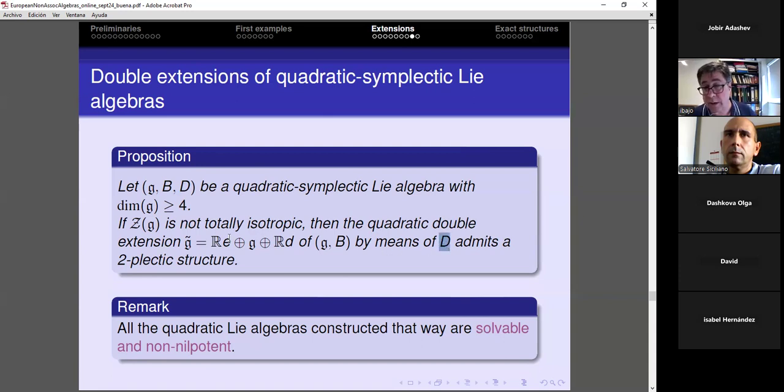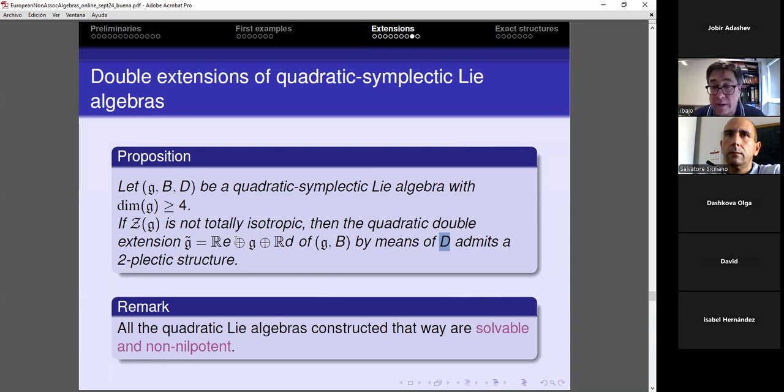So here we get a Lie algebra which is solvable and non-nilpotent. And then we get that these Lie algebras admit a 2-plectic structure. So all these cases give solvable non-nilpotent Lie algebras, and there are many cases that can be constructed in that way.